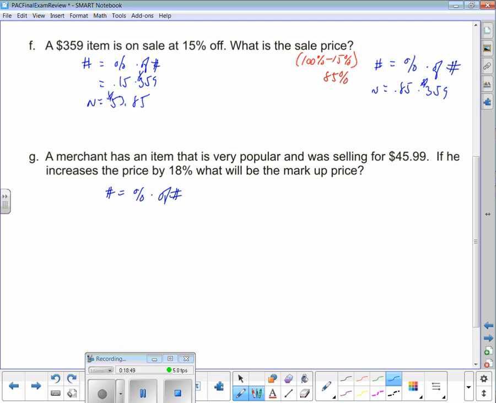You have to understand that this is the percent off, what you just found. 15% is what you get off. Therefore, if you're going to finish the problem this way, you go 359 minus 53.85. Final answer, 305.15. How many got that right?